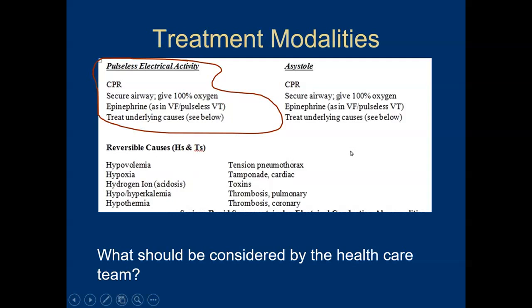The T's include tension pneumothorax, cardiac tamponade, toxins, thrombosis, in other words, pulmonary embolus, or a coronary thrombosis, which is a fancy way of saying a myocardial infarction.